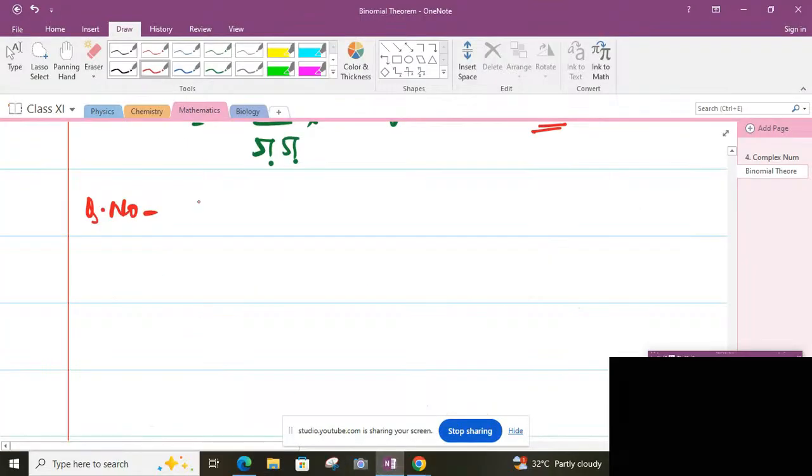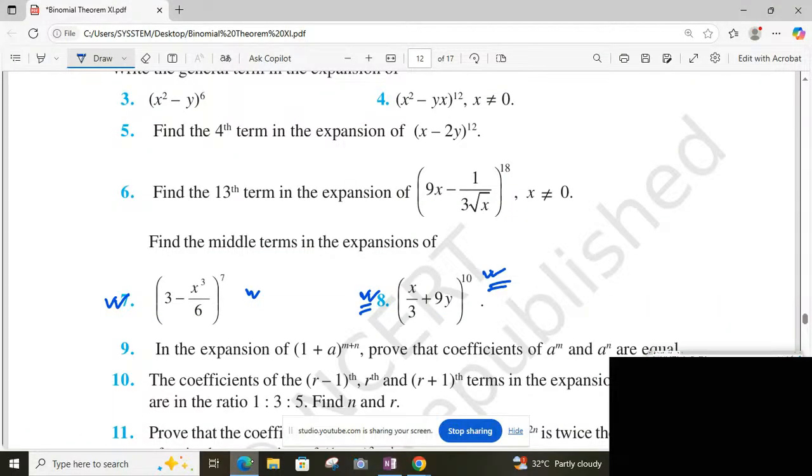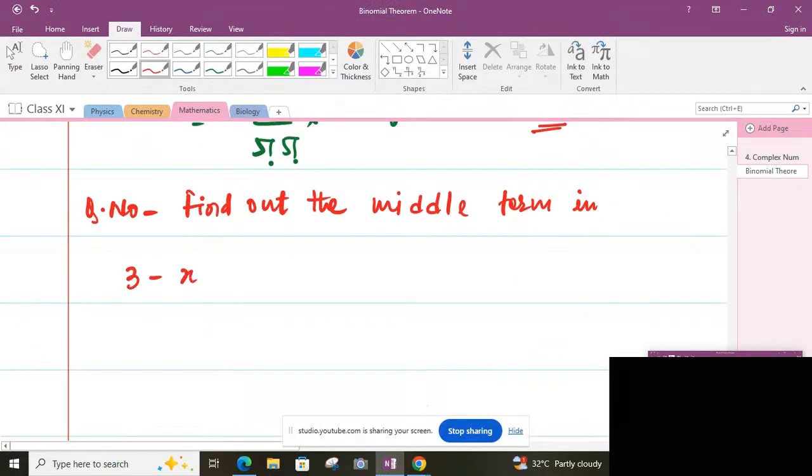So we write down here, find out the middle term in, let's see the question, (3 minus x cube by 6) to the power 7. Let's see the solution.